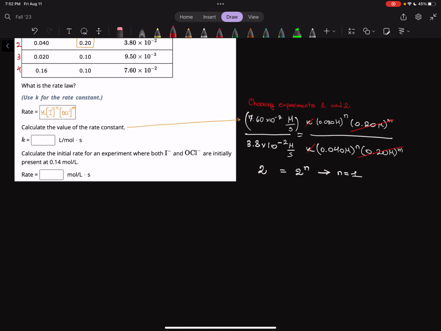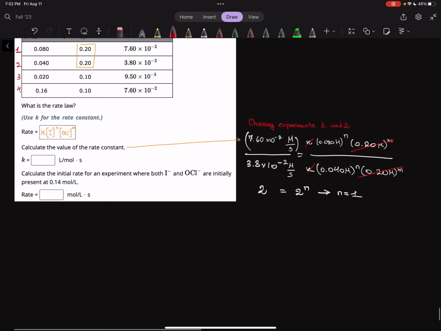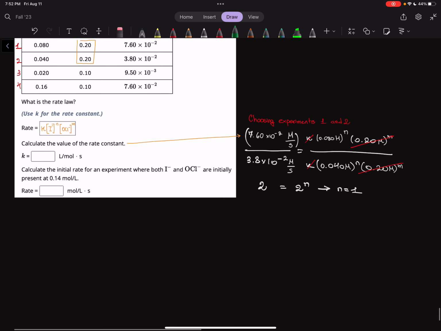Now, I want to choose other experiments as well. So now what I want to do is look at other things. Let's say this one.